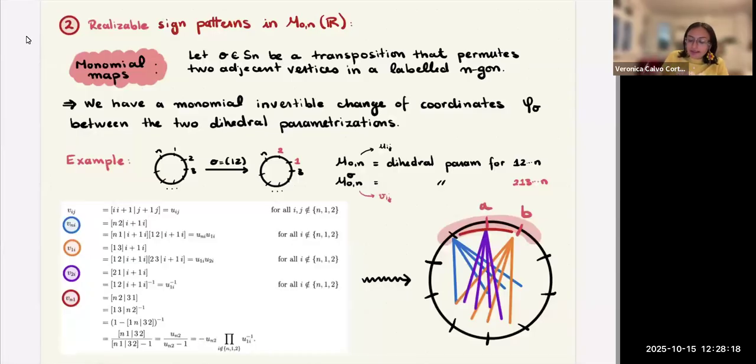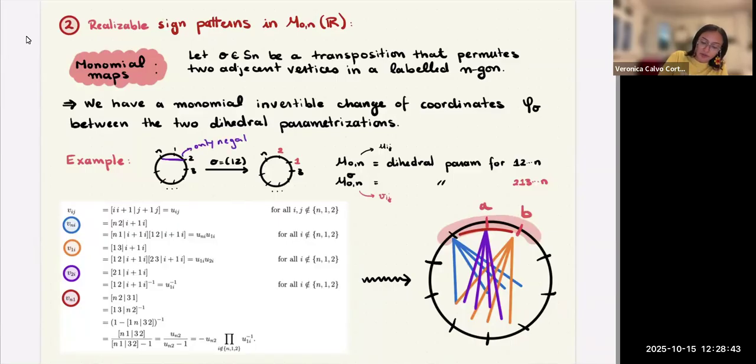But what is the nice thing about these monomial maps? Well, let's assume that I started with a sign pattern where the only negative chord was this one, n2. So let's assume this was our only negative chord.